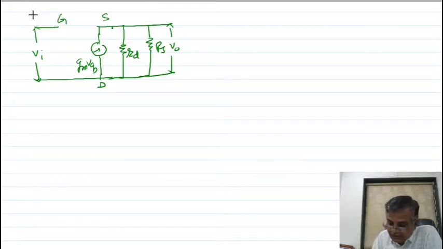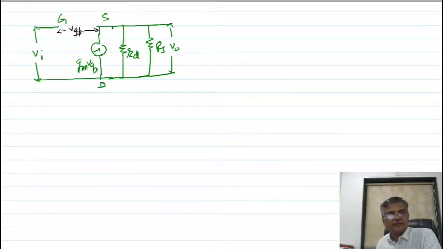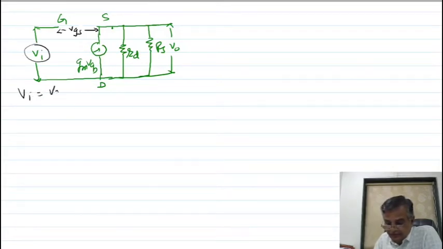This voltage I am writing as VGS. Now first we will derive. We remember Vi is nothing but VGS plus VO. Let us derive the equation of voltage gain.